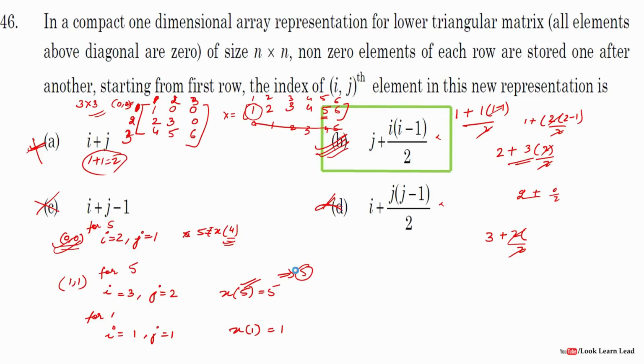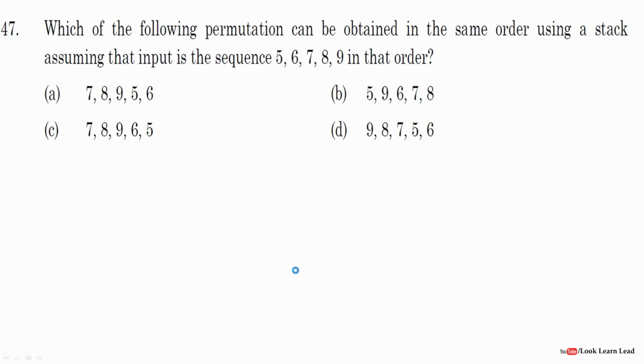Okay. Next, 47th question. Which of the following permutations can be obtained in the same order using a stack, assuming that we have a stack sequence like this? Which of the following sequences can be obtained? So let's see.